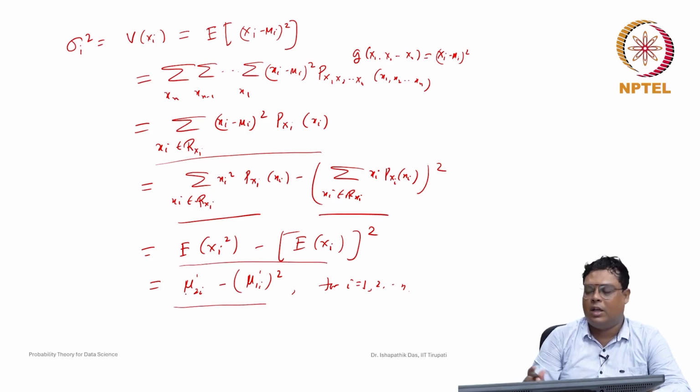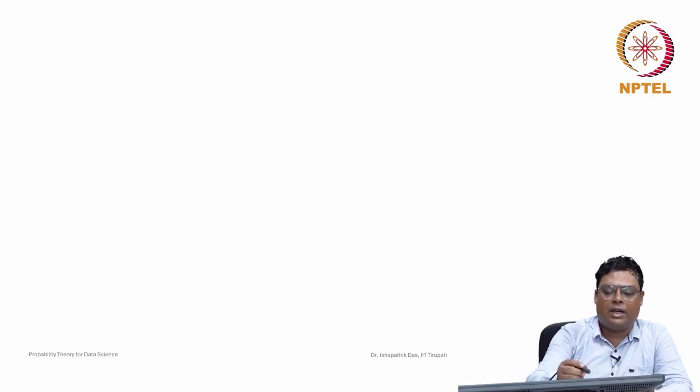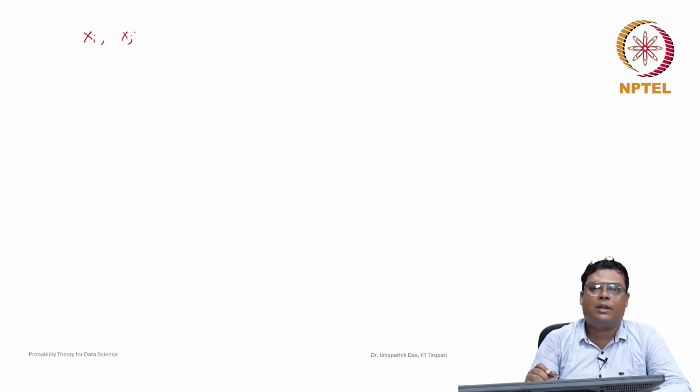Most of the time we use this simplified form for computing the variance. Now because it is a multivariate random variable, we are more interested in how the variables are related to each other. Suppose we are considering two random variables, xi and xj. How are these two random variables related? We discussed this for bivariate cases.